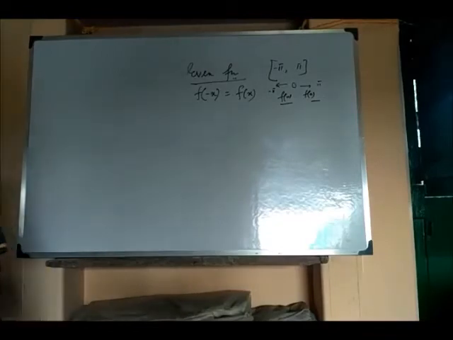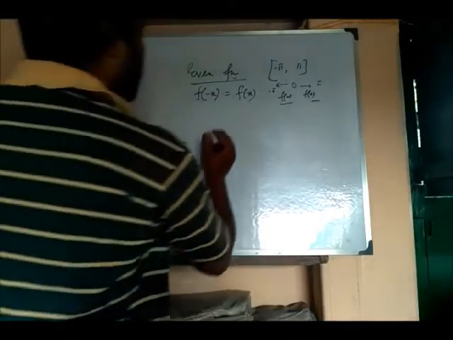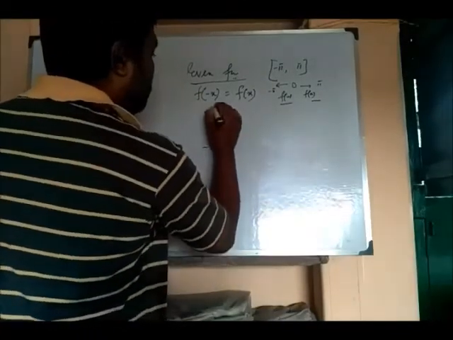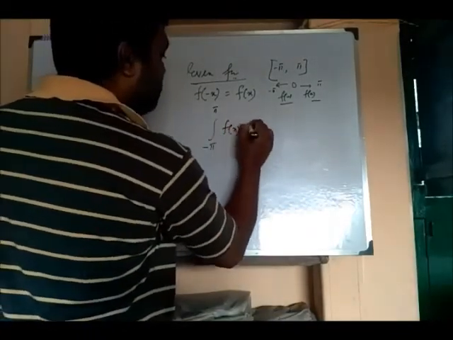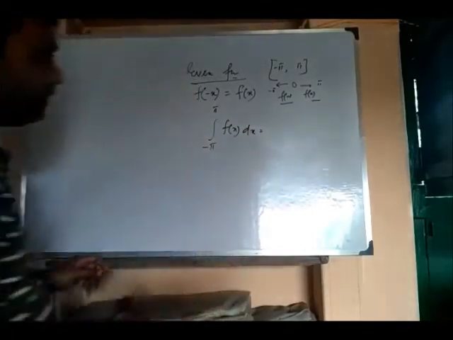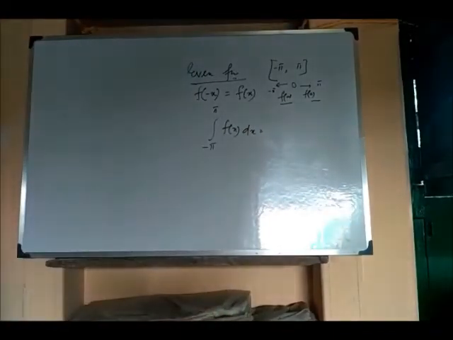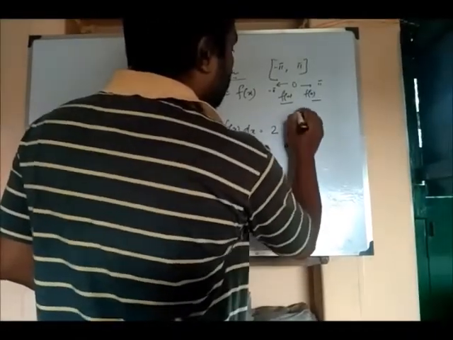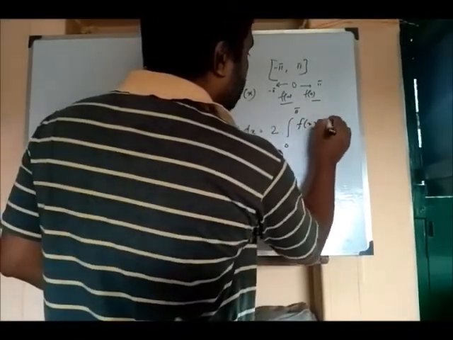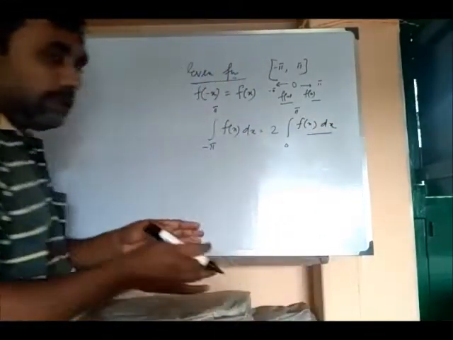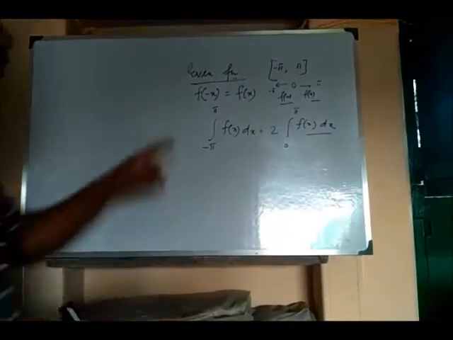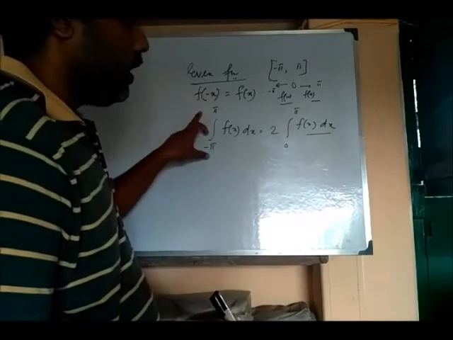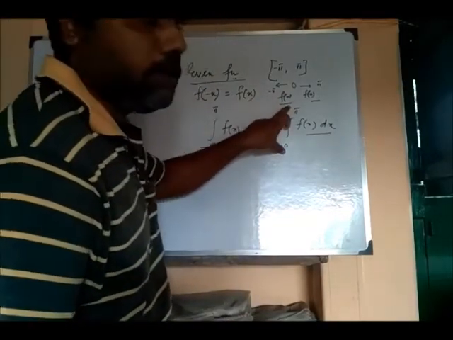As it remains f(x), you can say that the integration from minus pi to plus pi of f(x) dx equals 2 times the integration from 0 to pi of f(x) dx. So you can make the whole range a half range series.